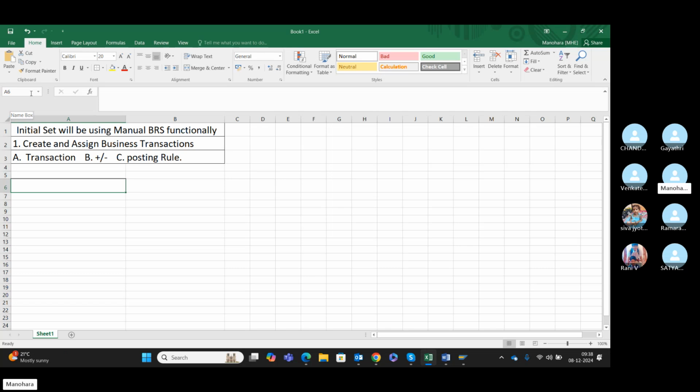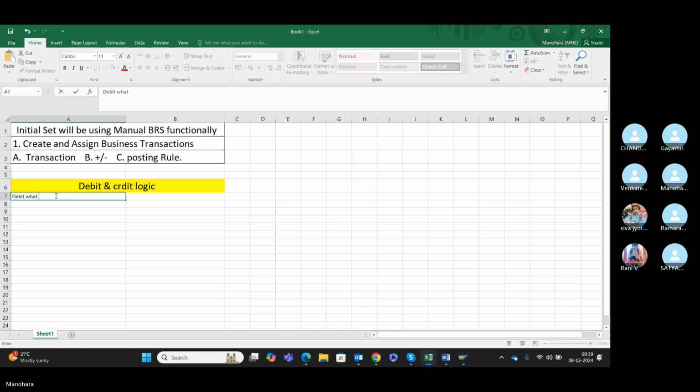So first of all, we have to understand the debit and credit logic here. How the debit credit logic is happening here. Okay, so first point, debit.